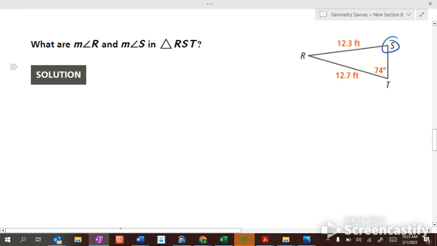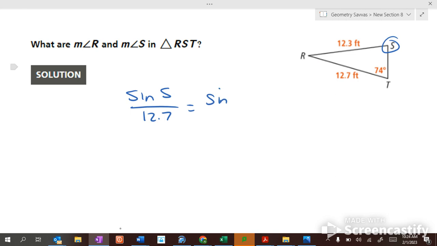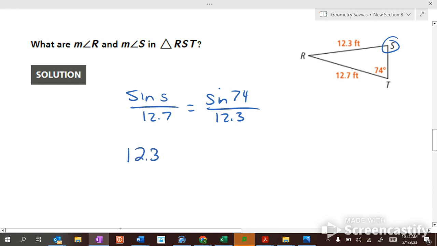Yes. So I say the sine of S over its opposite side, 12.7, equals the sine of 74 over its opposite side, 12.3. So I cross multiply: 12.3 sine of S equals 12.7 sine of 74.